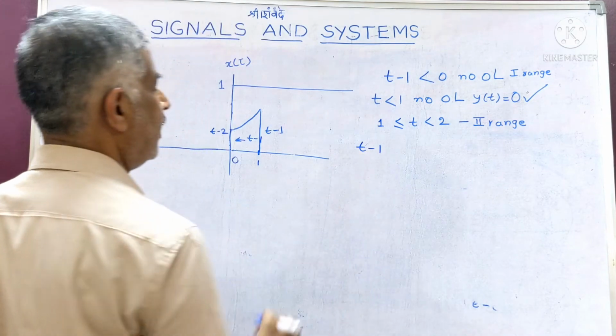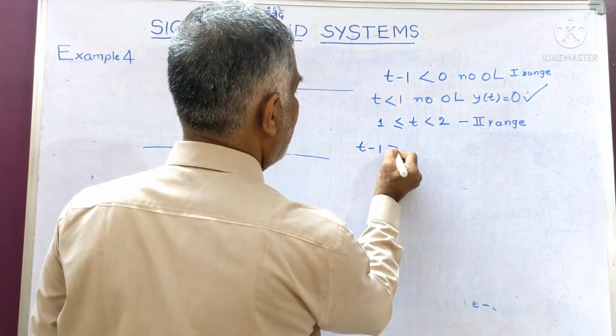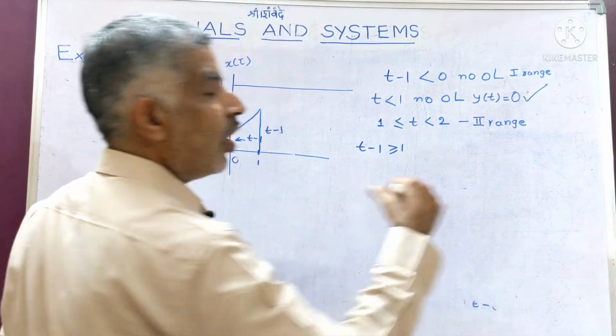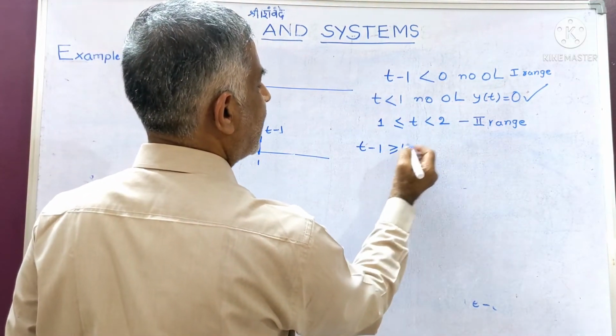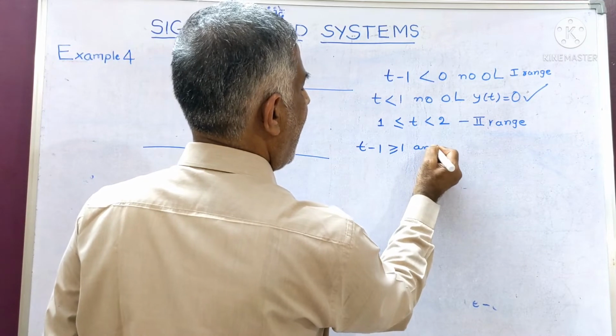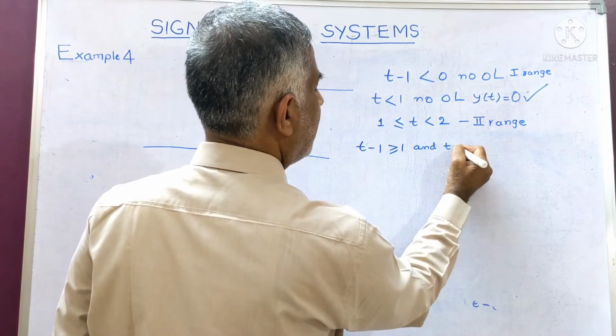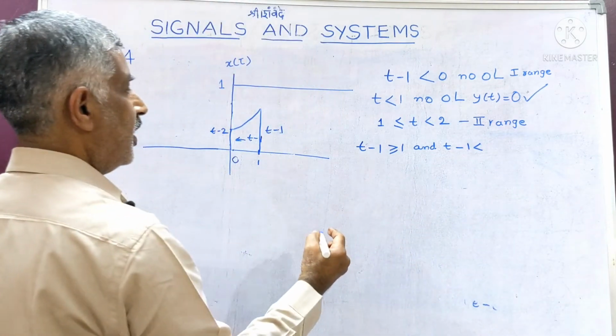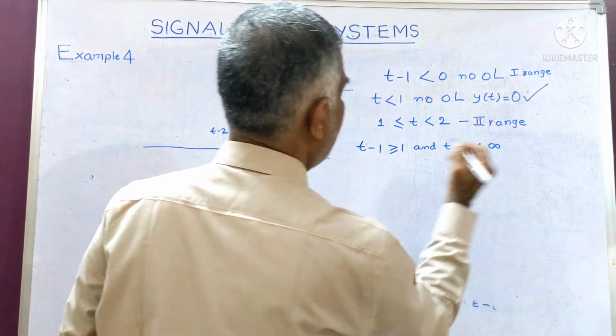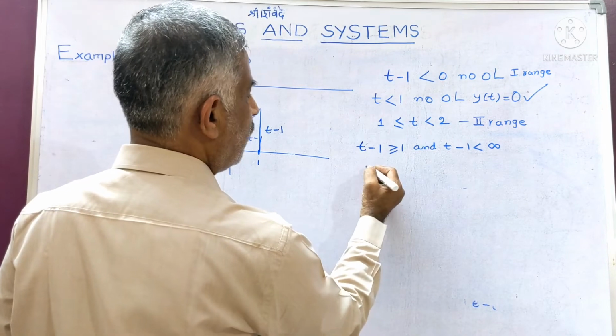t minus 1 greater than or equal to 1. How long should we take? It should go up to infinity. So t minus 1 greater than or equal to 1 and t minus 1 less than infinity. If you combine these two, what will you get?